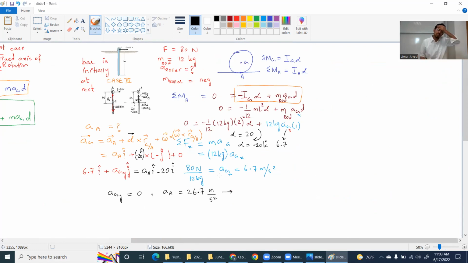Why don't you all have a quick look at it and tell me if it's clear or not? I will again repeat. Summation of moment about center of mass, when the object has rotation about its own center, wheel is rotating, going to the right, coming to the left, whatever. Summation of moment about center of mass is IG alpha. I am allowed to do it.